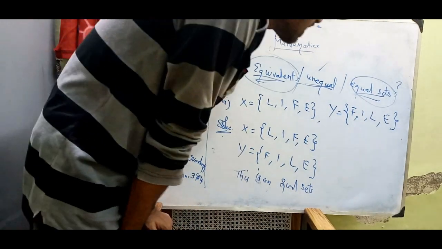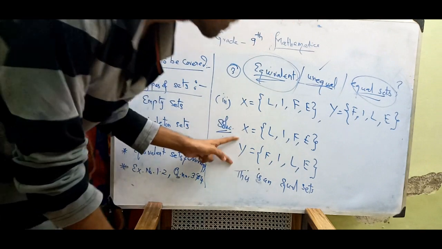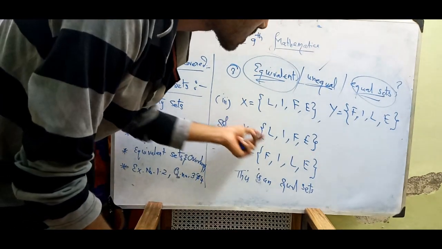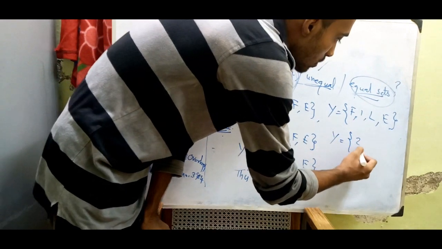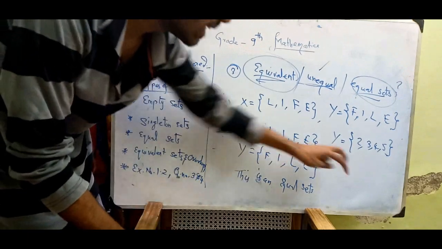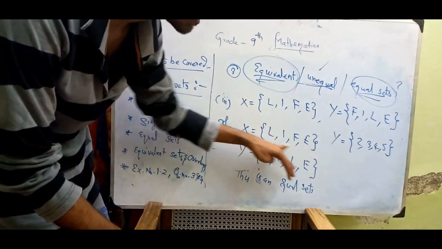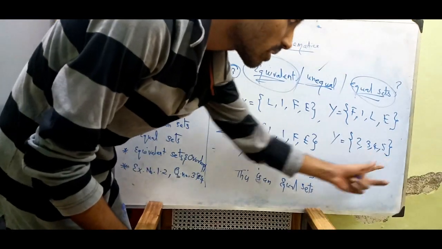Don't confuse it with an equivalent set. An equivalent set is one where it doesn't matter what the elements are. If X is LIFE and Y is 2, 3, 4, 5, then X has cardinality 4 and Y has cardinality 4.